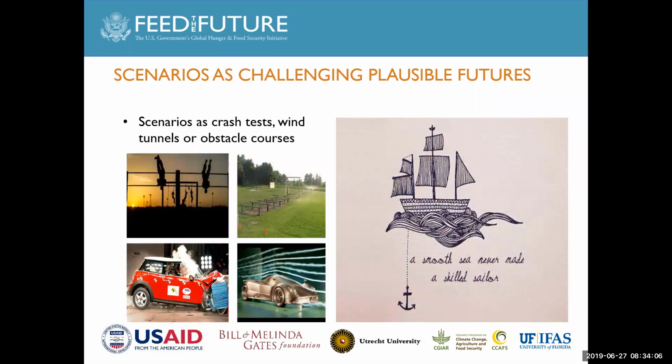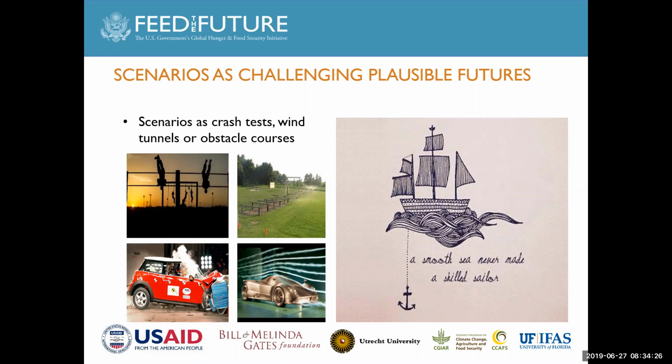So we can think of a number of metaphors which describe how we use scenarios. So we use scenarios as challenging, plausible futures, and one of the metaphors that we can use to describe this process is that we use scenarios as crash tests.